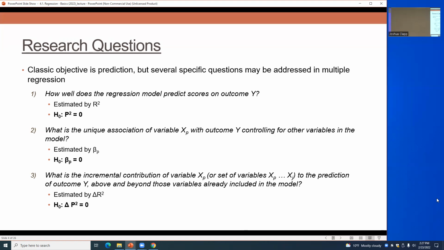Once again, my null hypothesis is that the change in my population multiple correlation is going to be 0. This starts to get into our hierarchical regression models. So above and beyond this set, if we add these other ones in, to what extent does that improve the predictive value of our model?